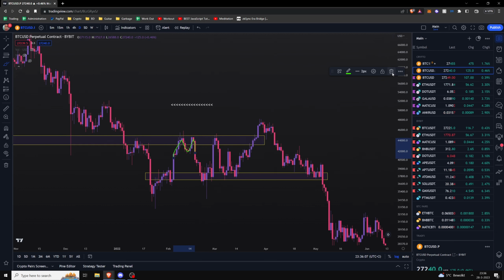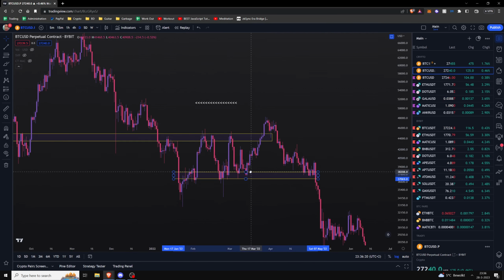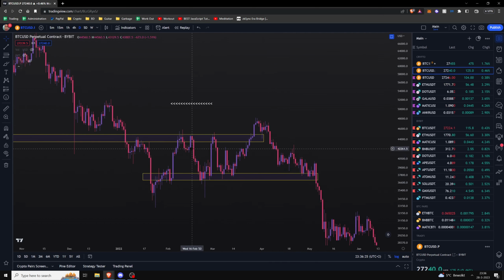And this is now a fantastic place to be looking for shorts again, whereas what we established here with our lows can be a great place to look for longs. And if you're putting short orders in this area, they paid off great, and then you can close those or buy more here.